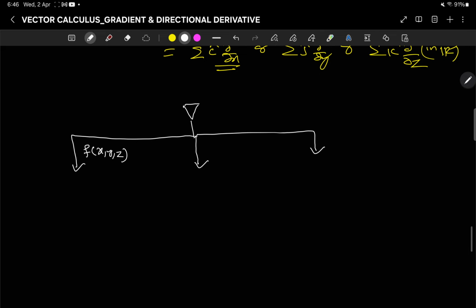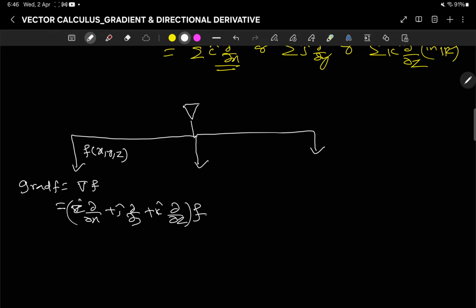It defines grad f. Grad f means del f, and you can write it as i del by del x plus j del by del y plus k del by del z of f.